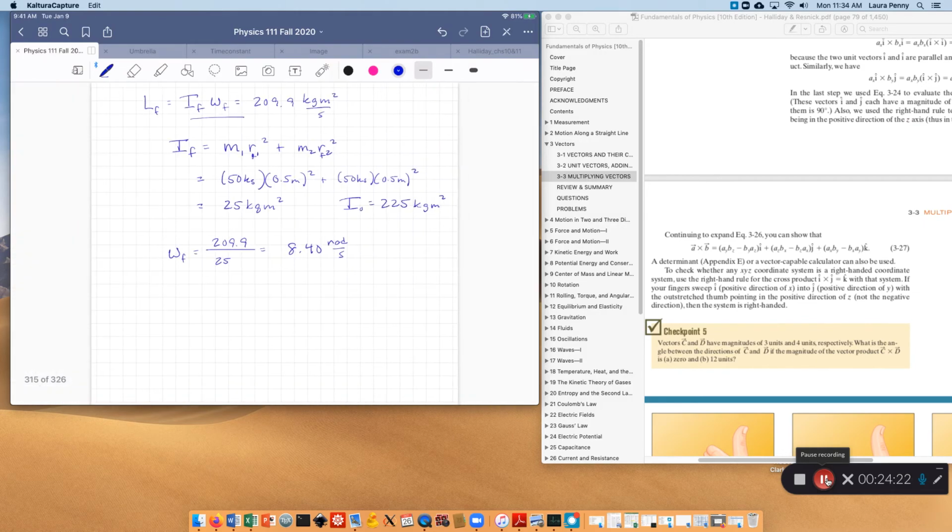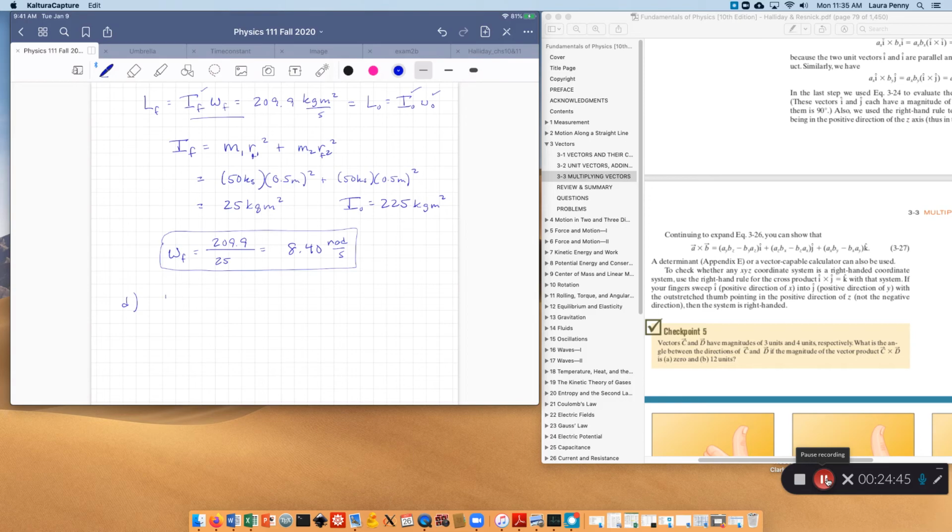Basically, the initial angular momentum has to equal the final angular momentum. I already knew this, and I actually had to go find my final moment of inertia to be able to solve for the final angular speed.